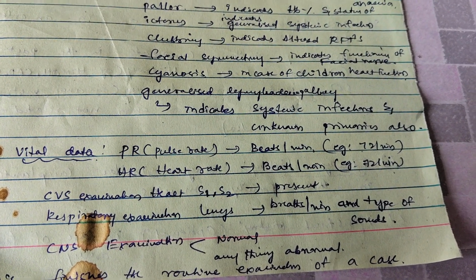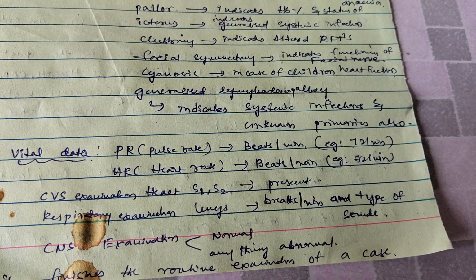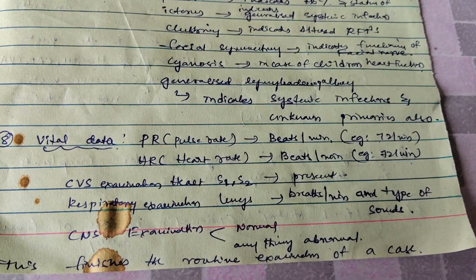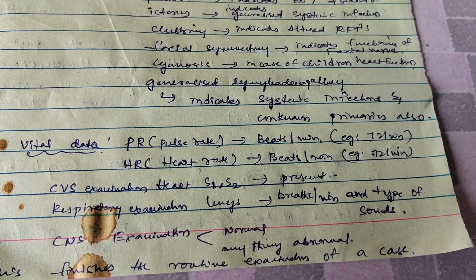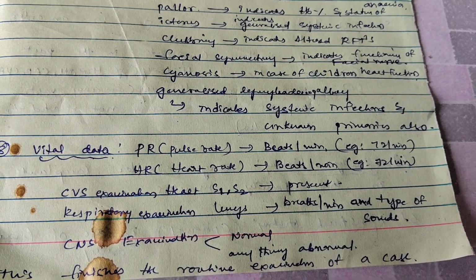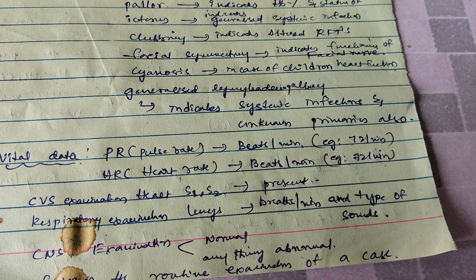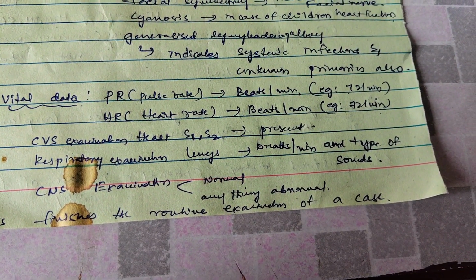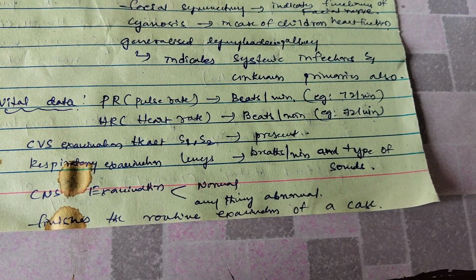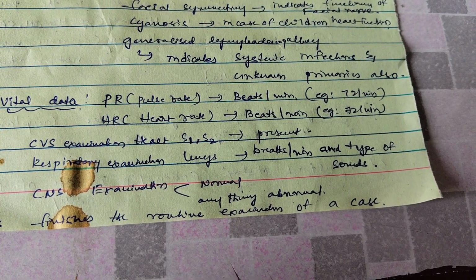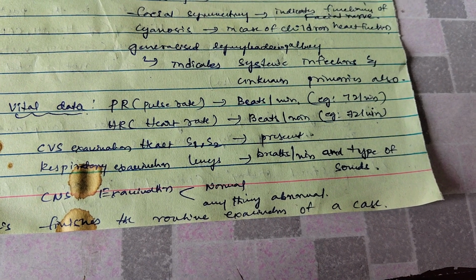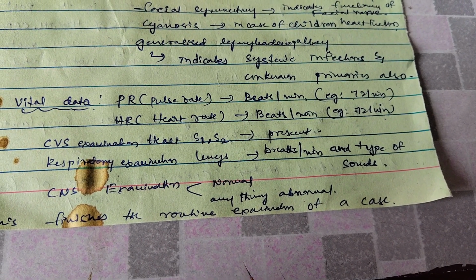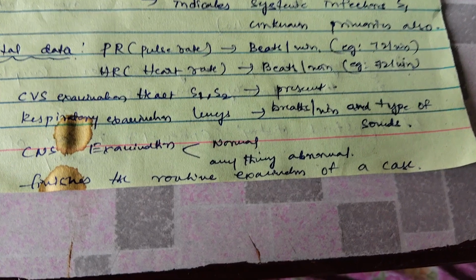Those may involve the lower four cranial nerves, so that function will be lost. If you examine the CNS, by this much history only you came to know that the patient is having some mass or swelling in the brain. That's why CNS cranial nerve examination is important.